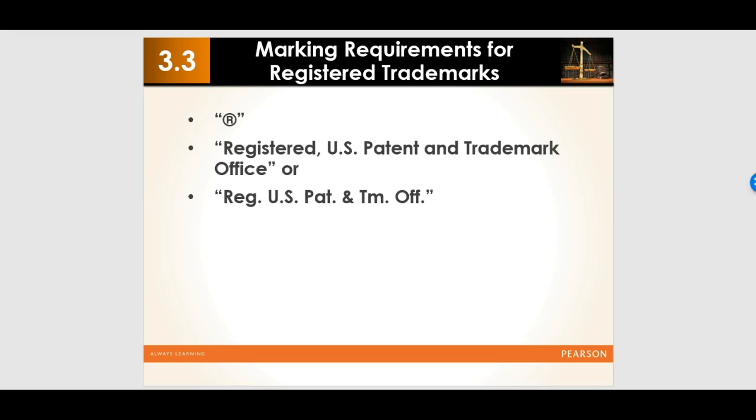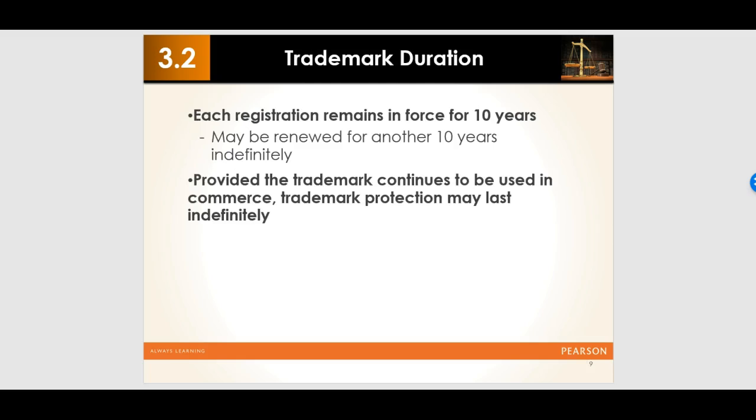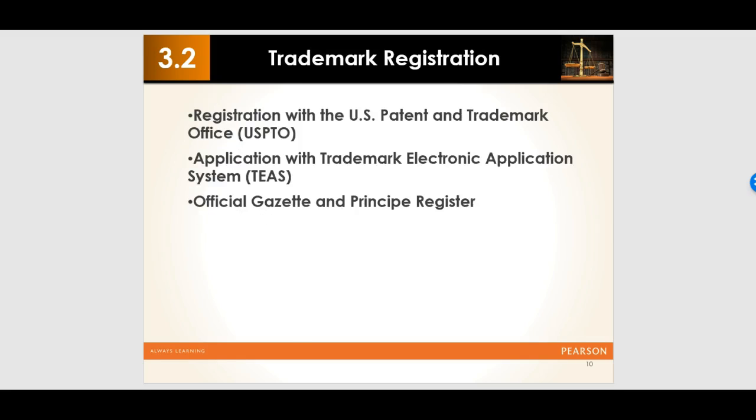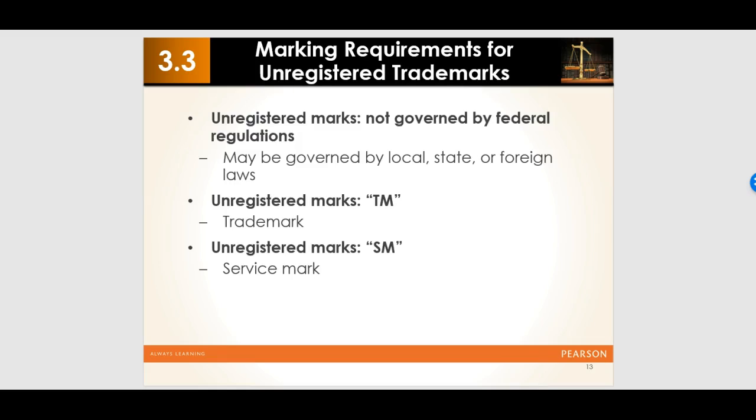So let me come back to this slide. You can see here Netflix is not using anything, but BCAT is using the trademark symbol, not the registered one, but TM. I'll tell you that by using this TM, they are actually saying that the trademark is not registered.